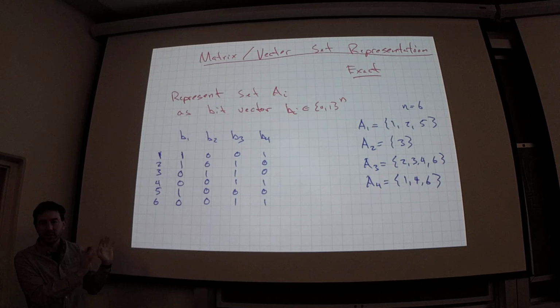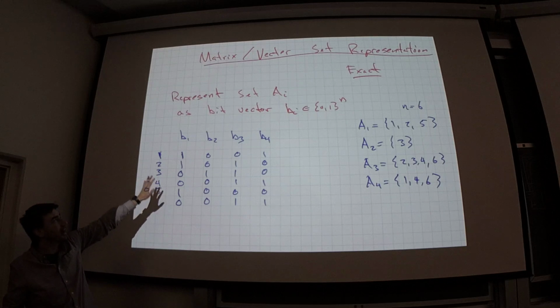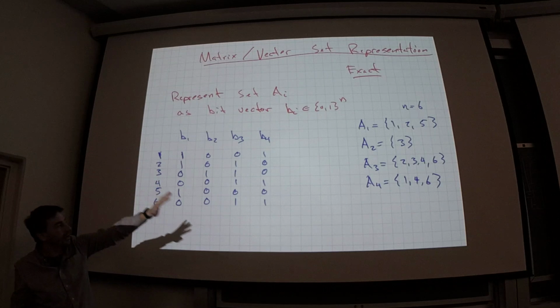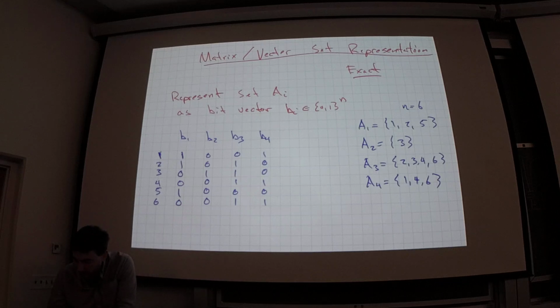We aren't necessarily going to need these bit representations, but this will be a convenient way of thinking about what's going on. So far I've not lost anything, but I've transformed my set of sets into a matrix.